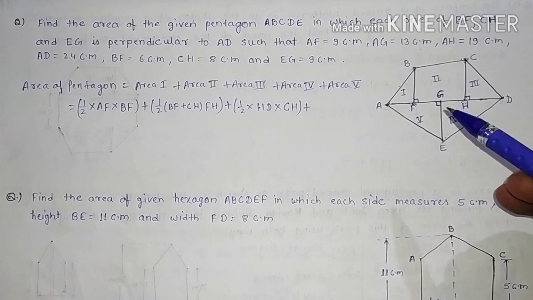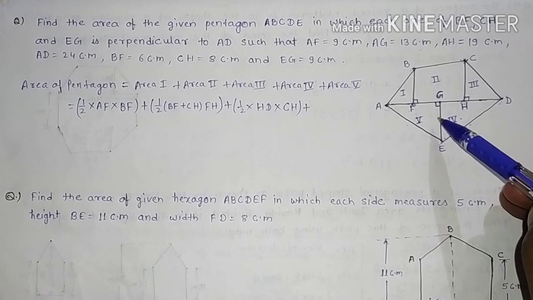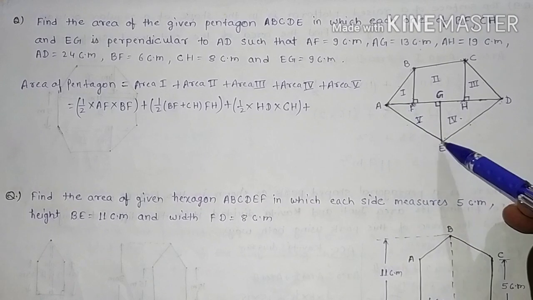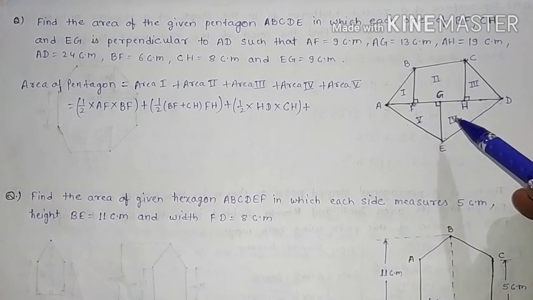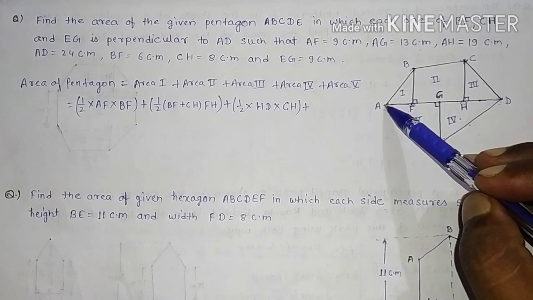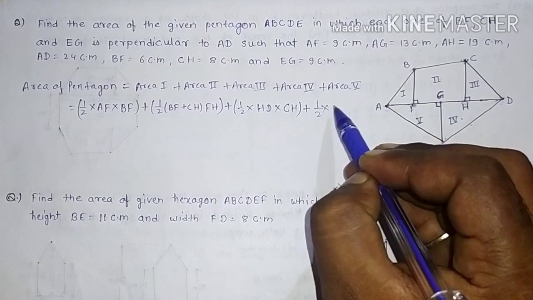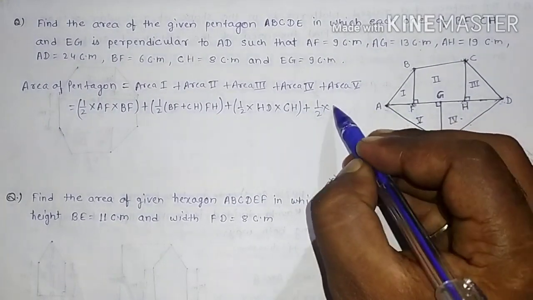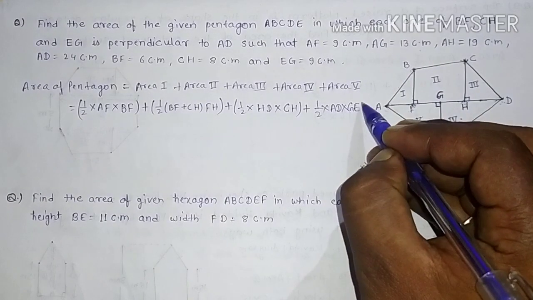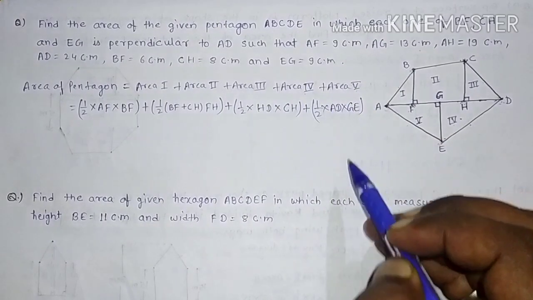So simply the area of fourth section and fifth section together form a triangle, that is AED. So simply we can write half into base, that is AD, into height, that is GE. Now this is the area of fourth and fifth together.